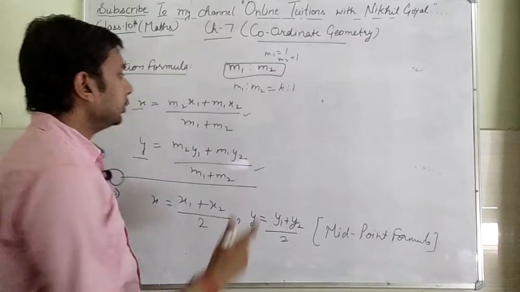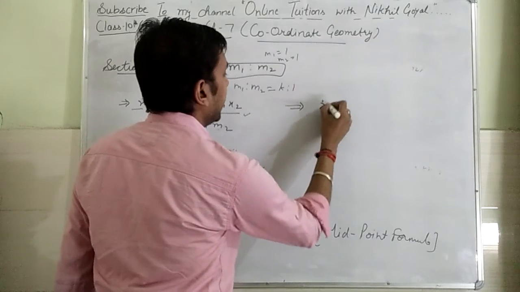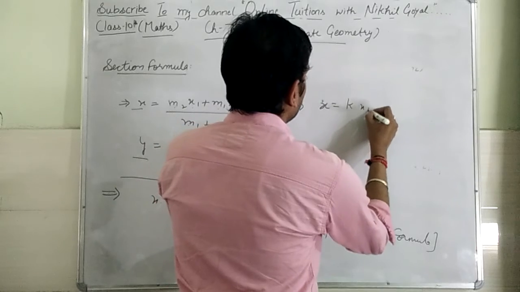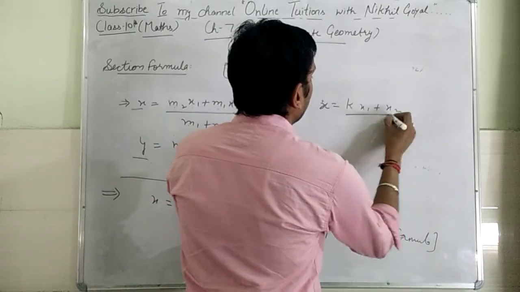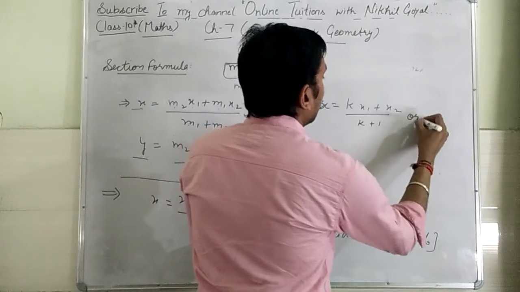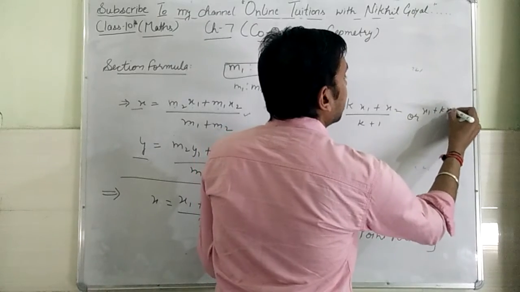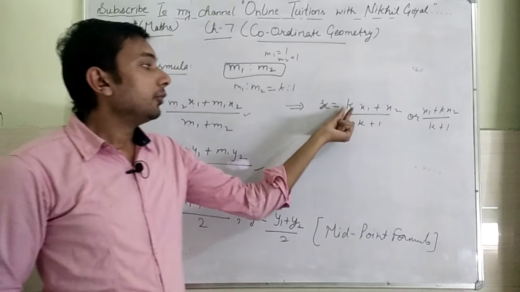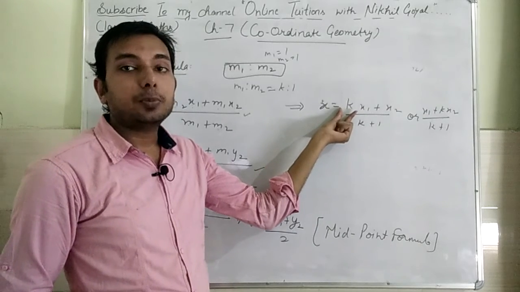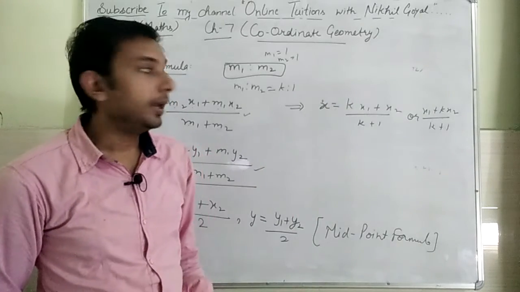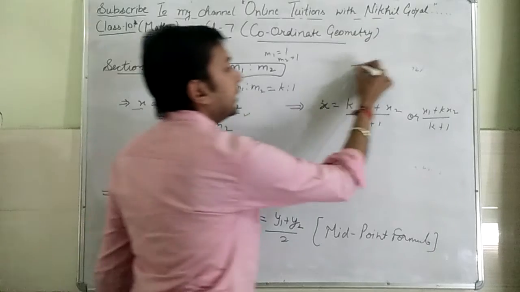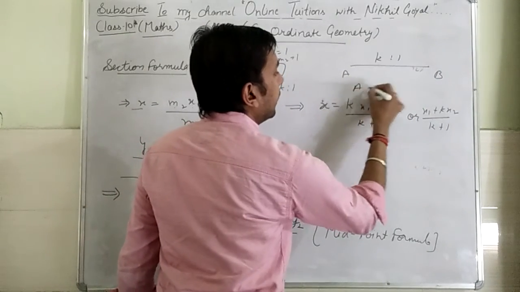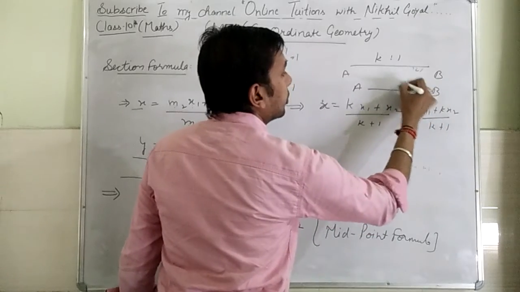Now to find the ratio, the formula will be x is equal to (k x2 plus x1) by (k plus 1), or (x1 plus k x2) by (k plus 1), depending upon which point you have taken as A and which as B, according to the line AB, k ratio 1.